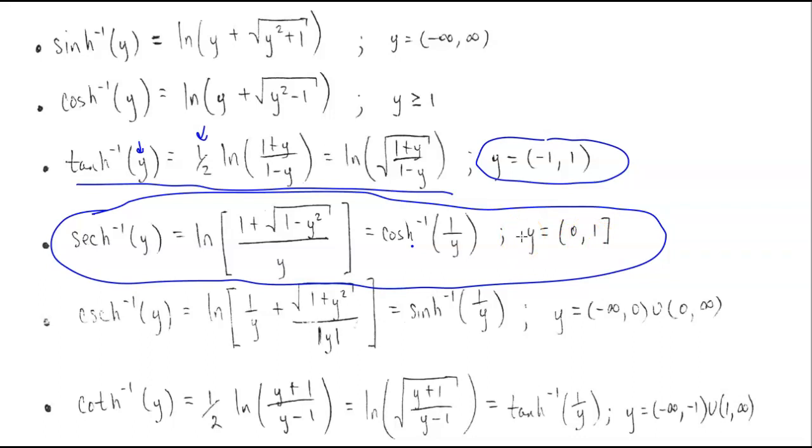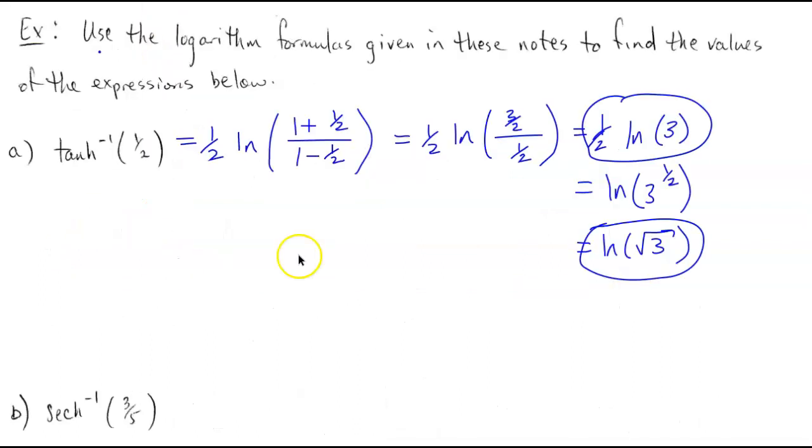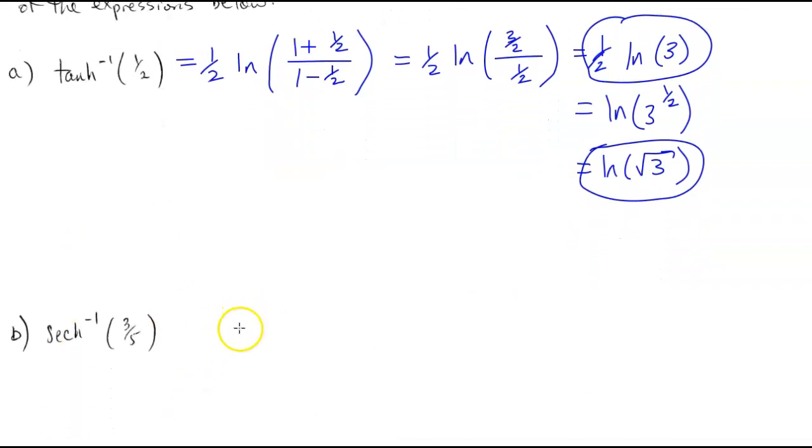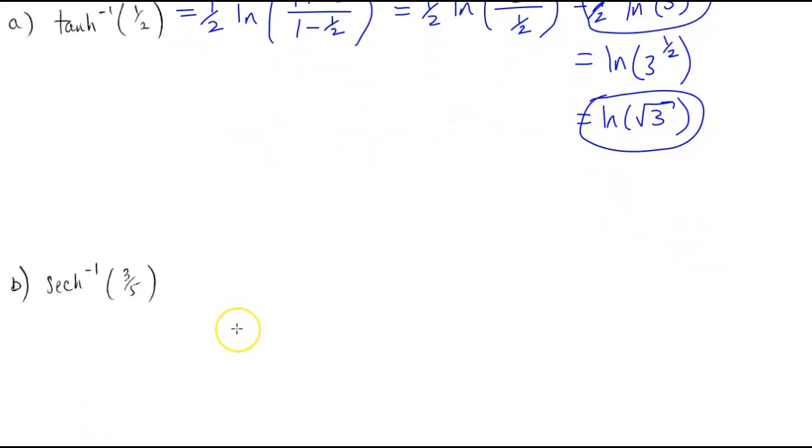So whatever value we put into Cosh inverse, we need to make sure that it fits within that domain. All right, so for example B here, we see that 3/5 does fit in between 0 and 1. So we will be able to do this.